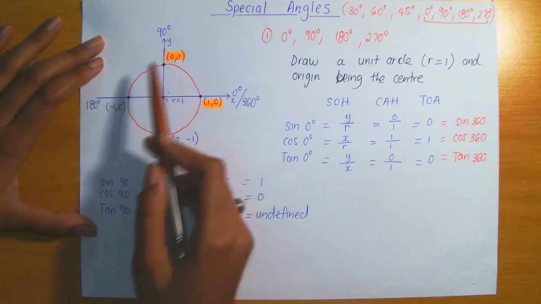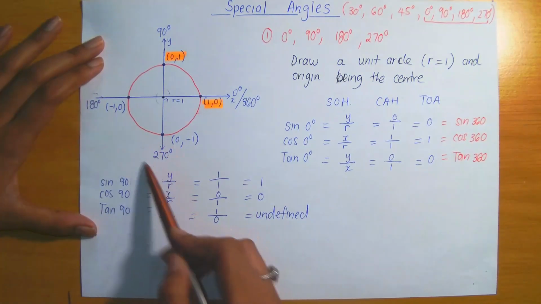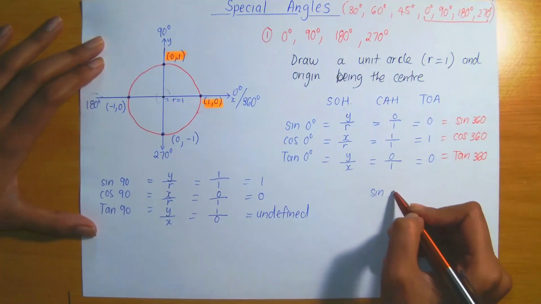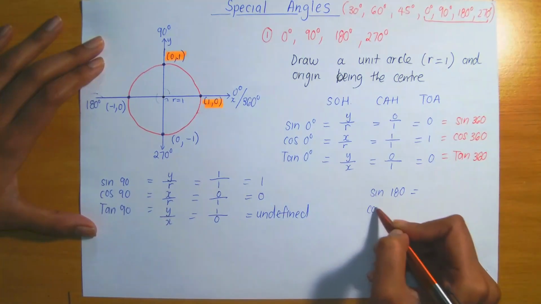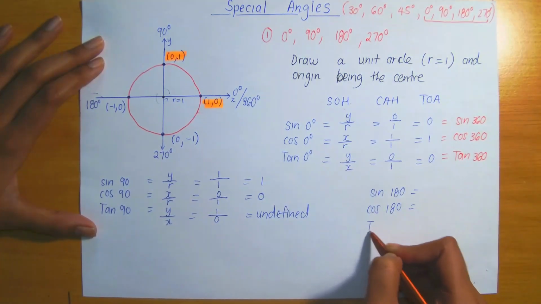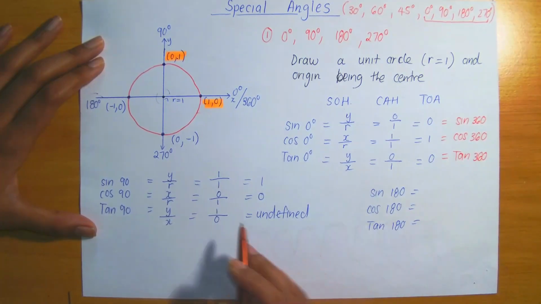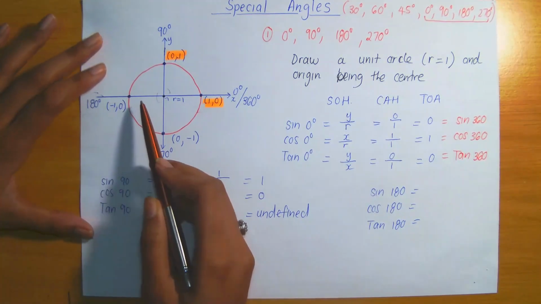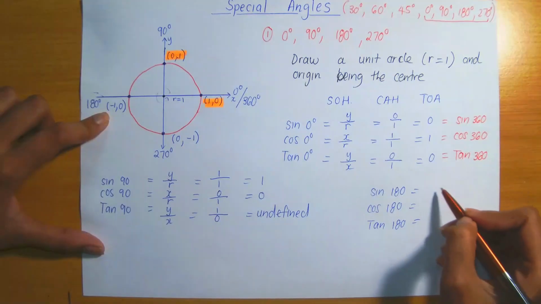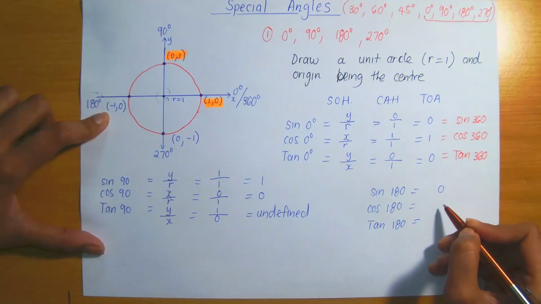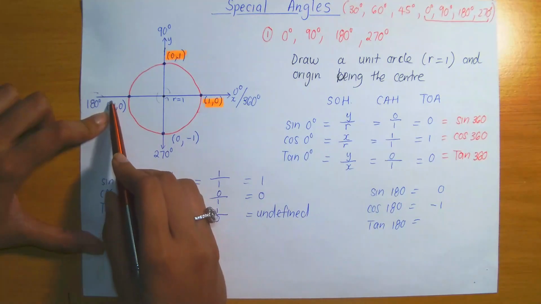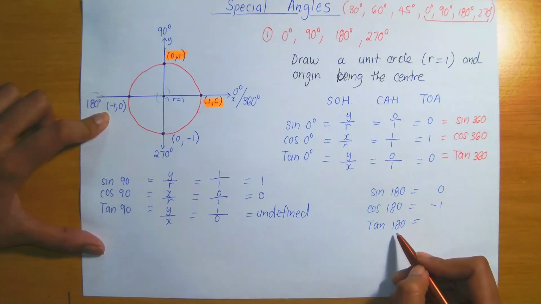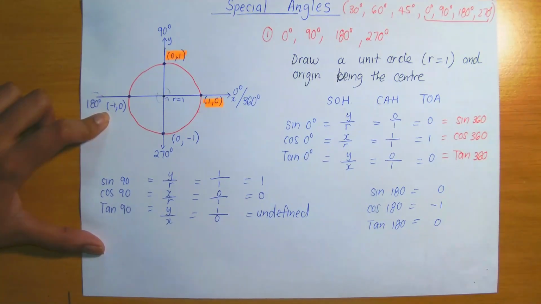And similarly, we could then continue to compute the trig ratios at 180 and the trig ratios at 270. If we had to compute sine of 180 degrees, cos of 180 degrees, and tan of 180 degrees, as we had done before using the same interpretations and this new coordinate from the diagram, then if you did this as an exercise, you will obtain the final answer of 0, negative 1, because remember, look at the coordinate you're now working with, it's a negative, and tan of 180 is equal to 0.